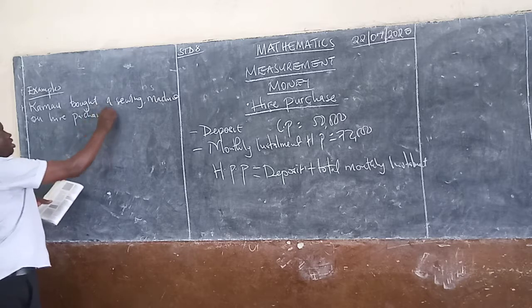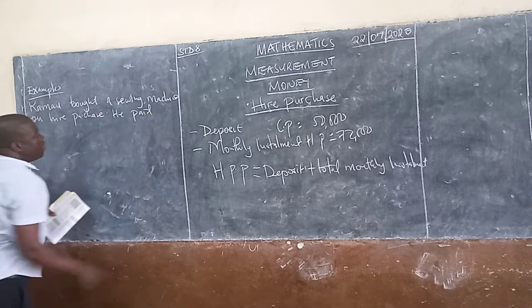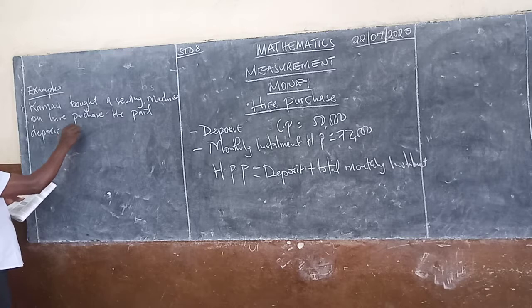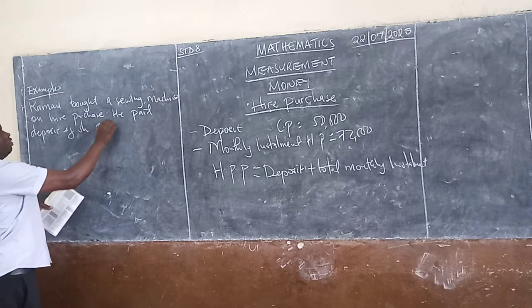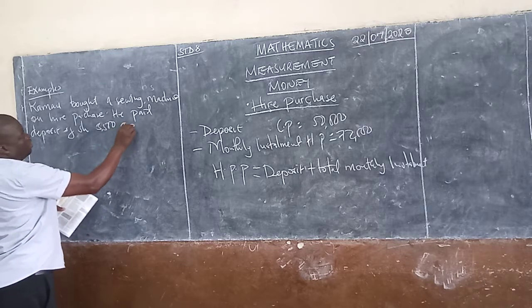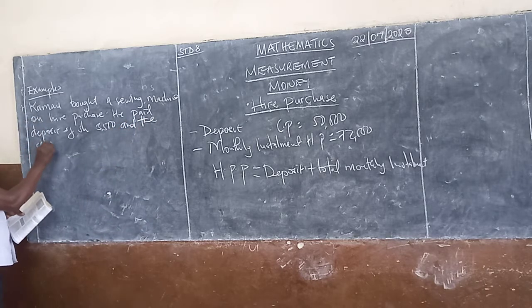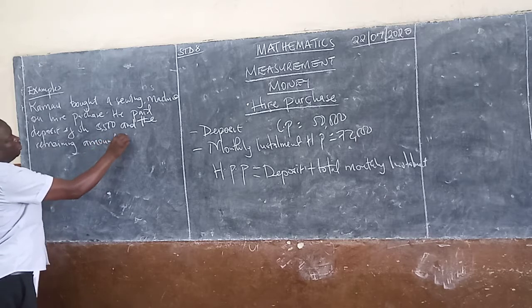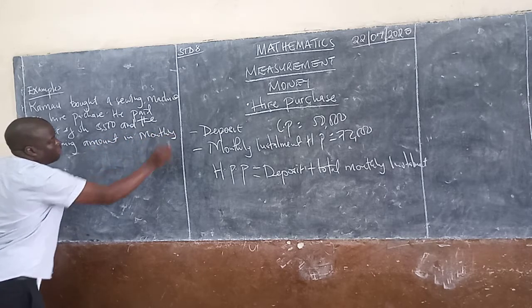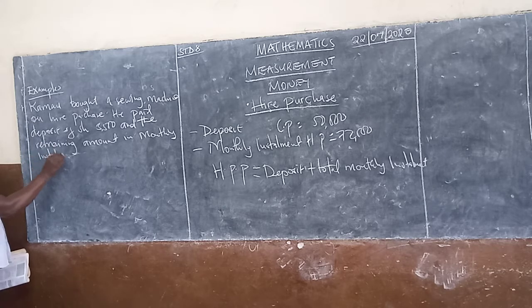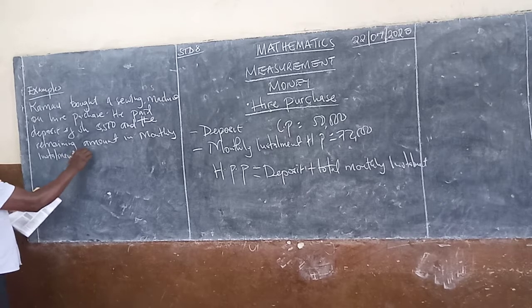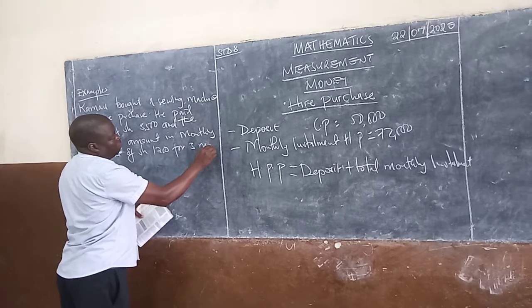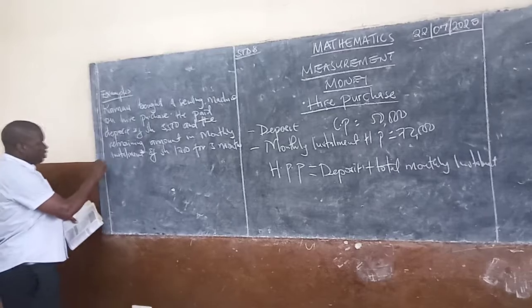He paid a deposit of 3,500, and the remaining amount in monthly installments of 1,200 for three months.